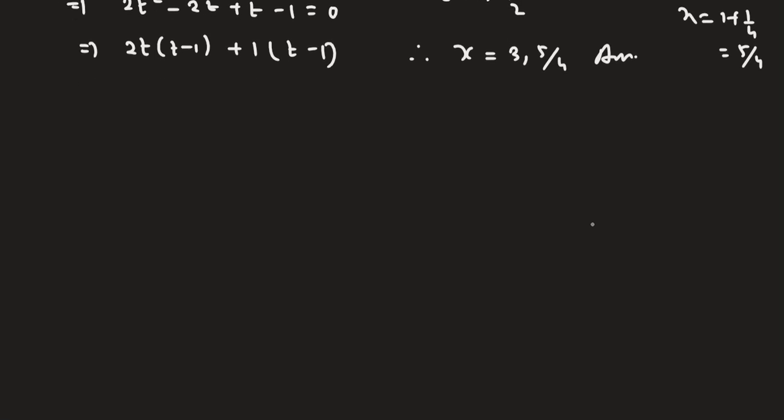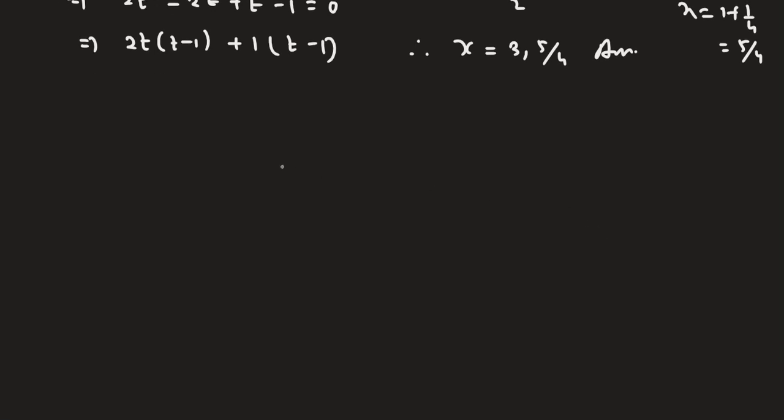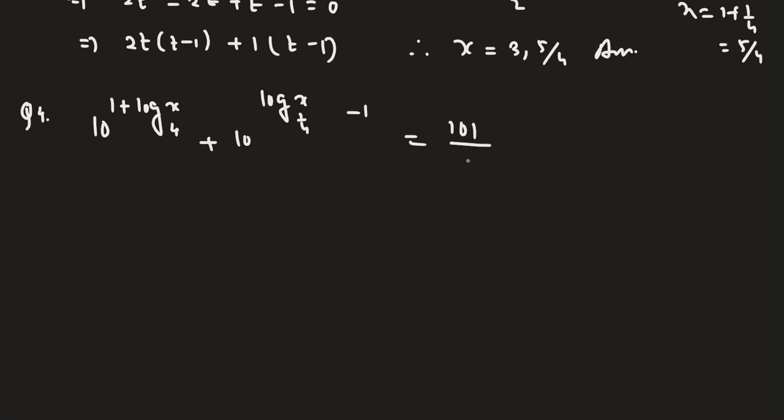Now coming to the next question, question number 4. 10 to the power 1 plus log x base 4, plus 10 to the power log of x base 1 by 4, minus 101 by 10.